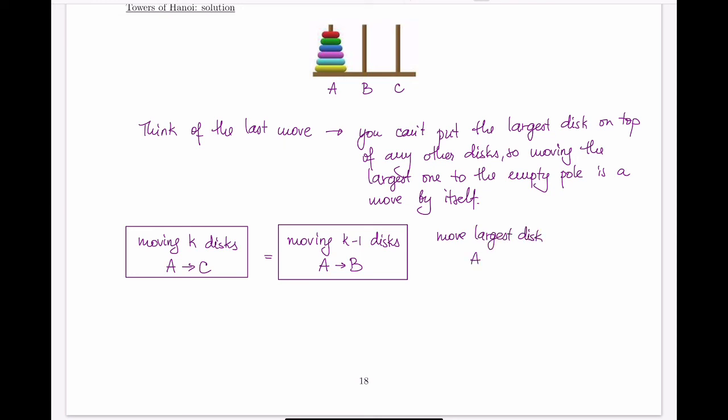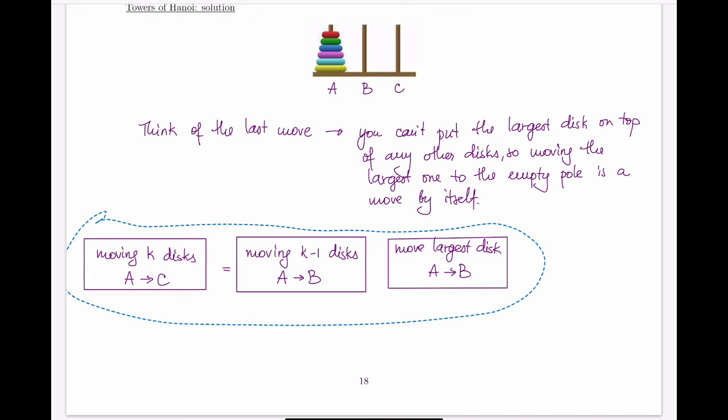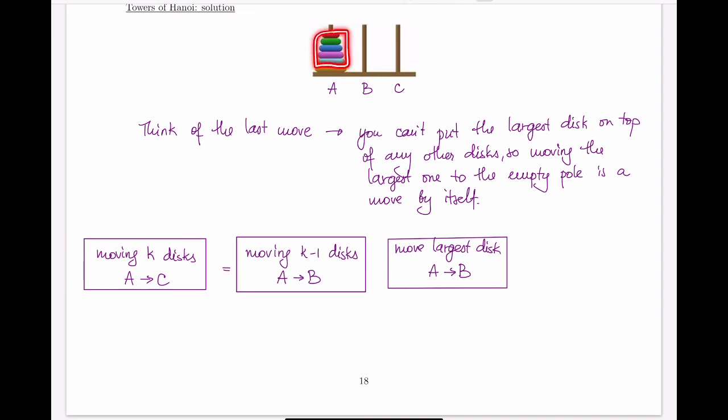And then what's going to happen is I've reduced the problem to a smaller one. Because again, now this entire stack sits over here. There are K-1 disks and I have to move them to the last pole. If I can move K-1 disks in a certain number of ways, that's the number of ways to do it. So, move K-1 disks from pole B to pole C to be on top of my largest one.